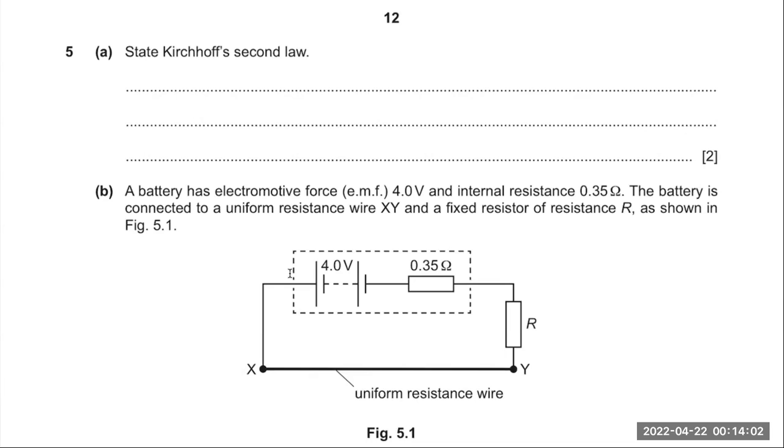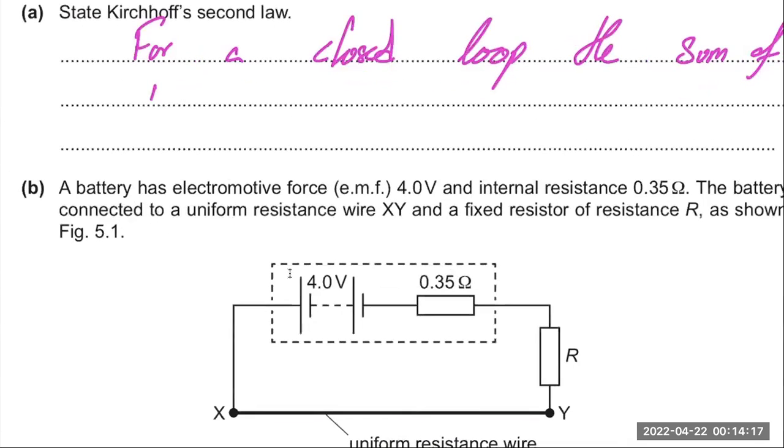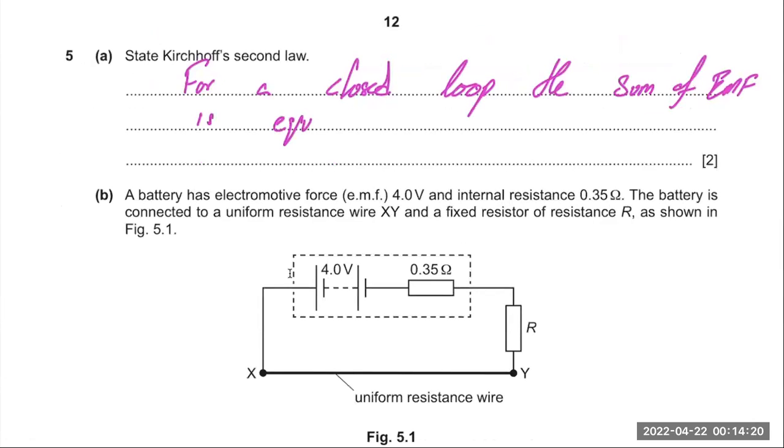So it says that for a closed loop, the sum of EMF is equal to the sum of the potential drops or potential differences across the loads. Potential drops. That's Kirchhoff's voltage law.